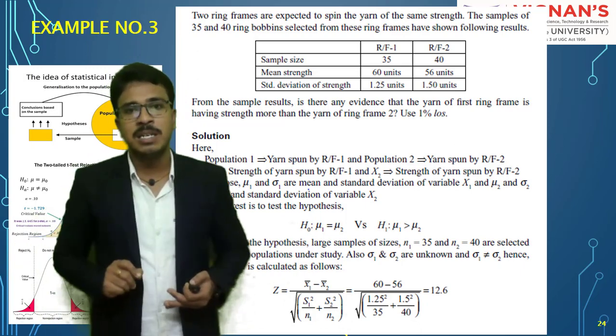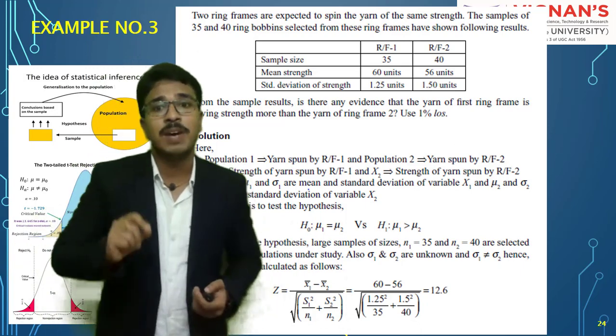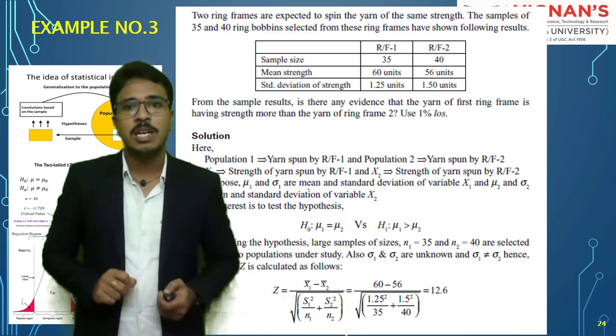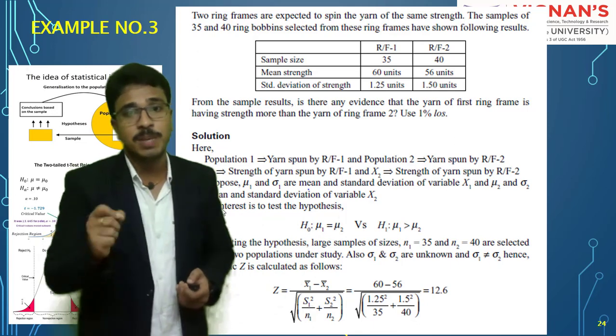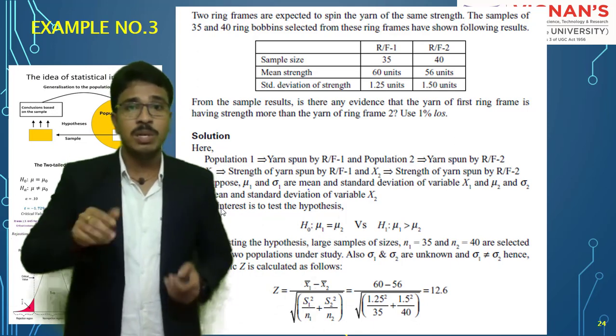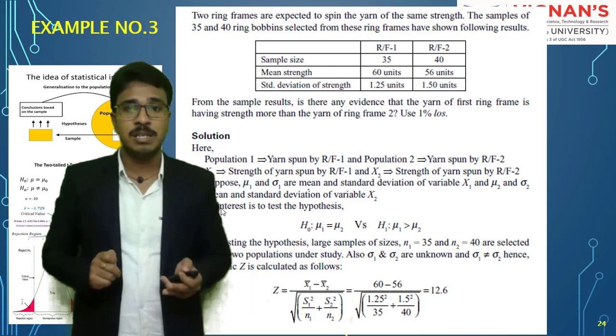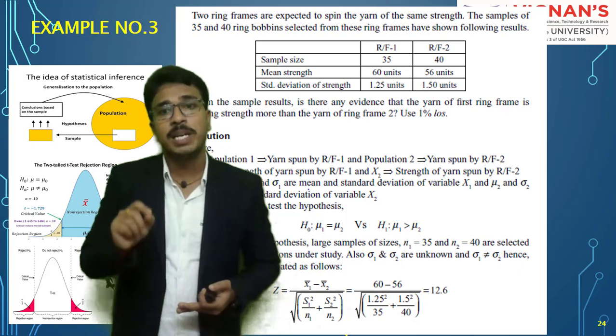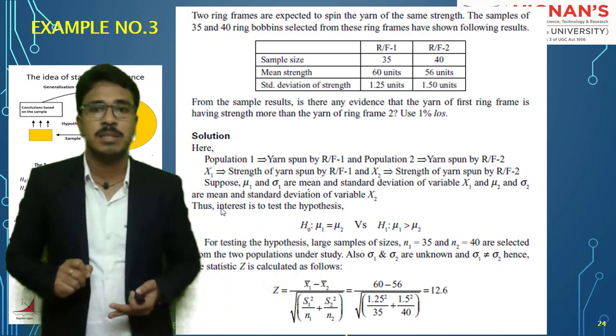From this we can directly find the z value of 12.6. While simplifying, you should be careful in the denominator where there is a root. Inside the root there are brackets. While doing the calculations using a calculator, you have to be careful in simplifying this.